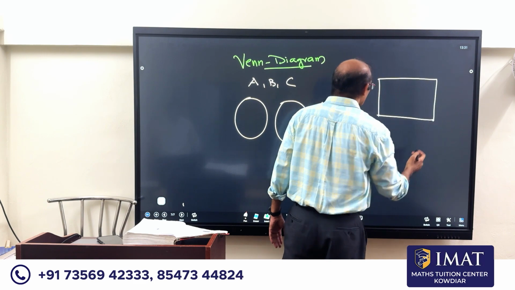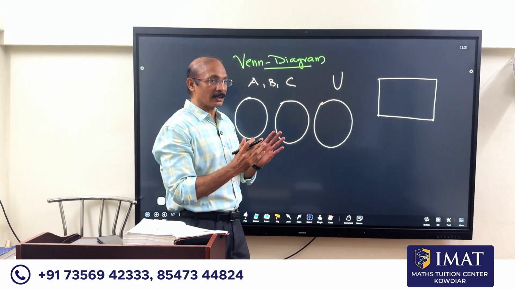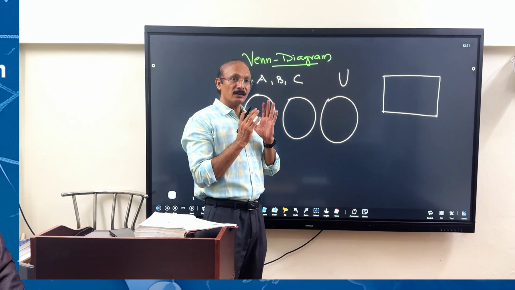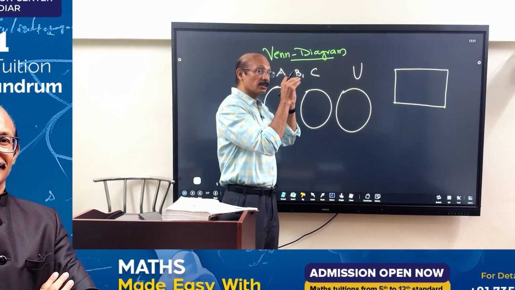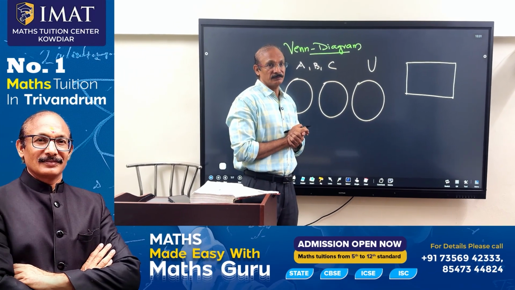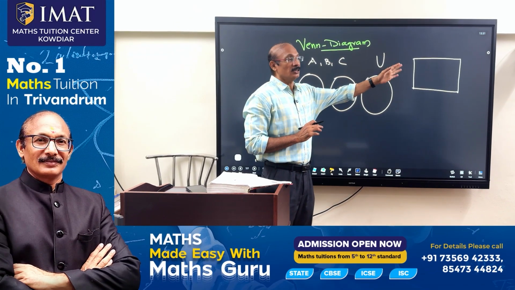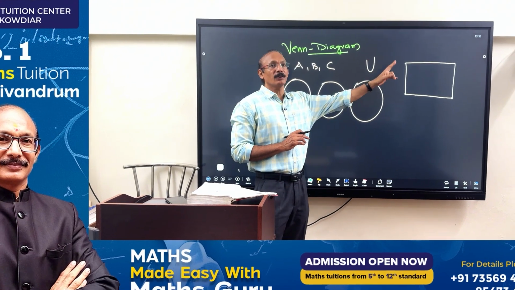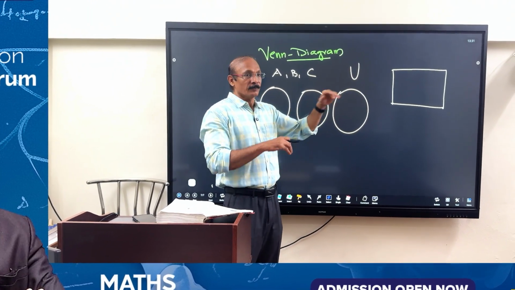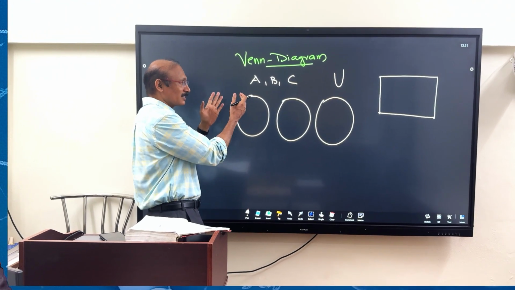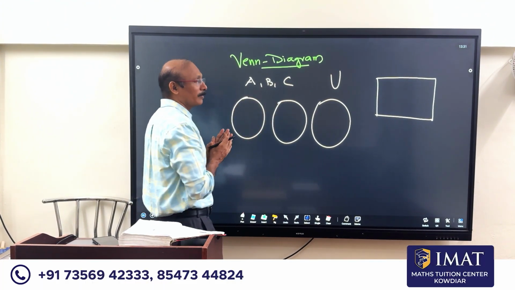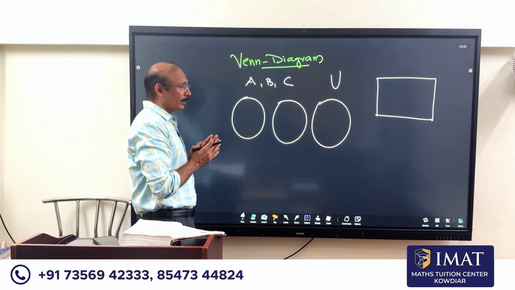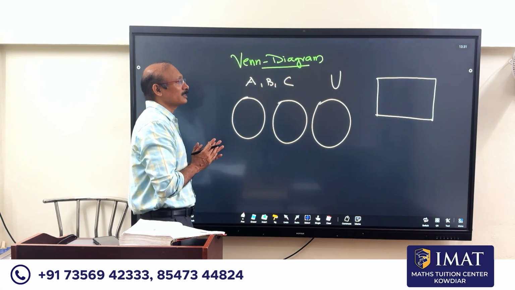So, what is a rectangle representing? Rectangle means the set which contains all the sets under consideration. That is called universal set. A universal set will be only one which will contain all the sets. It will be represented by means of a rectangle, and all the other sets A, B, C will be represented by circles. Right?